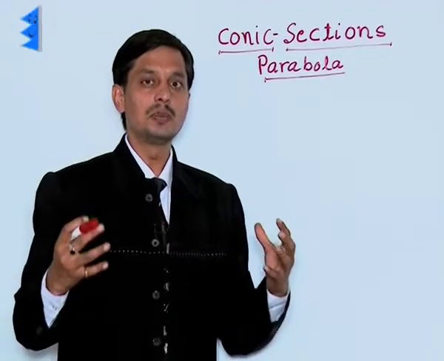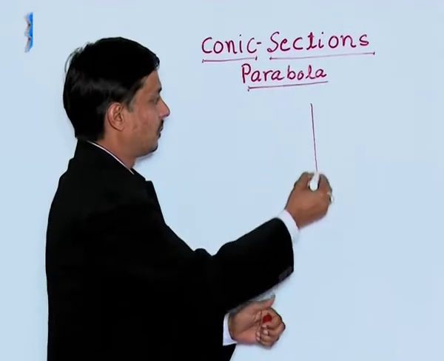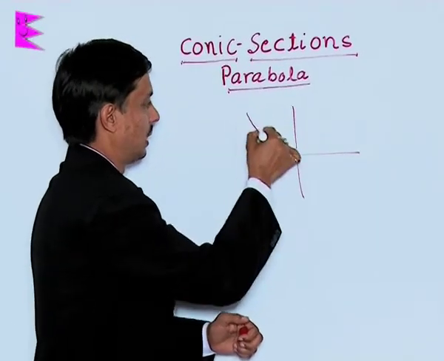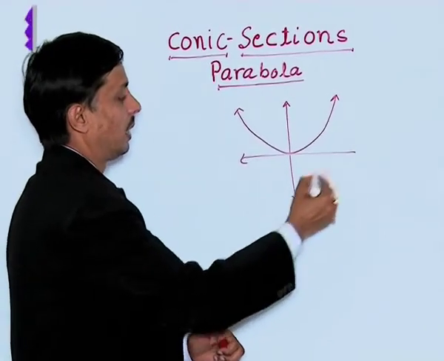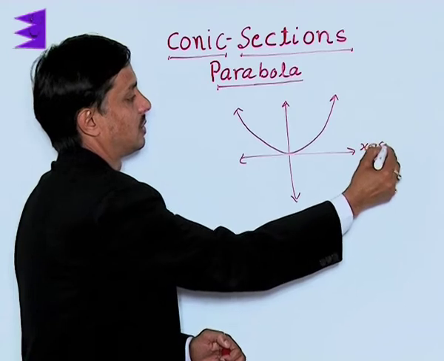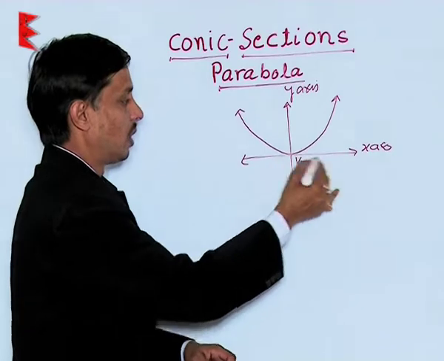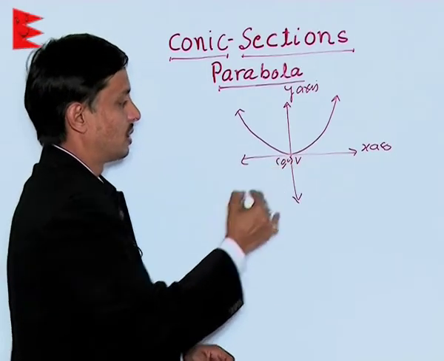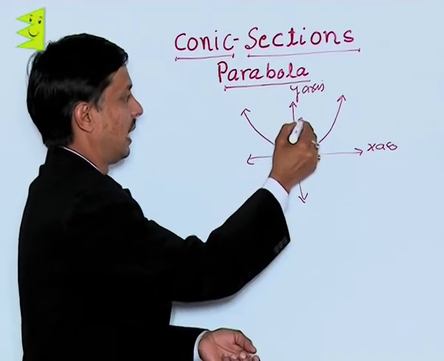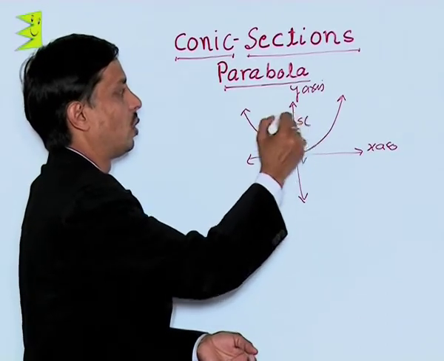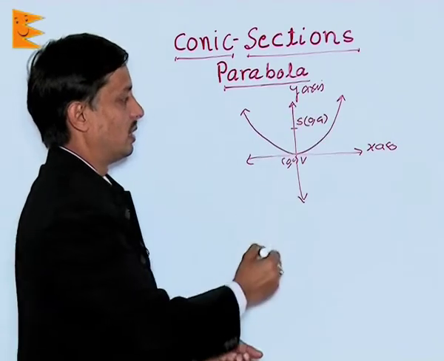Now I want to discuss with you the parabola of the third type, that is, if the shape of the parabola is like this. This is the parabola, this is the x-axis, this is the y-axis, and the point of intersection of these two is the vertex, the origin. The focus S is on the y-axis, so x is 0, y is a.